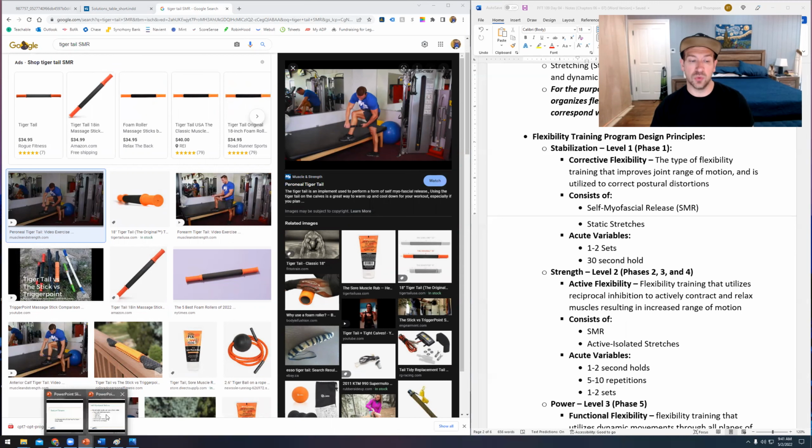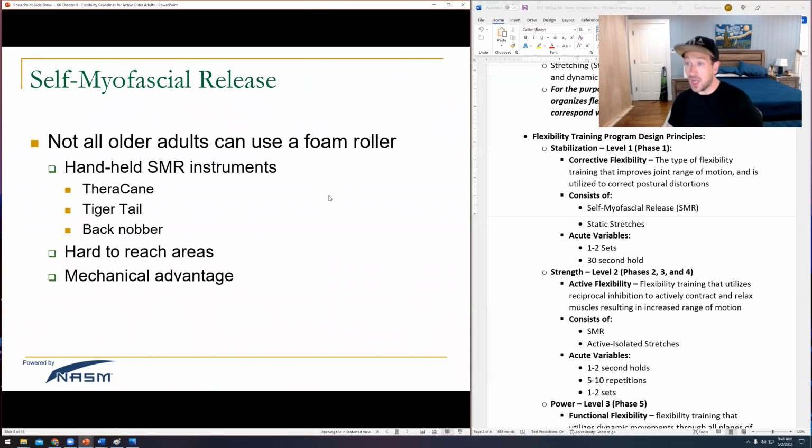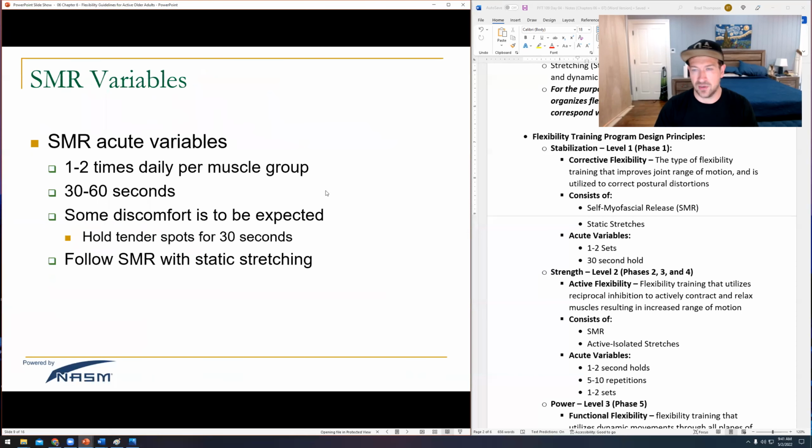There's a lot of other tools out there other than just the foam roller where you have to hold yourself up. So senior clients, yeah, maybe they'll use those instead. But the nice thing is certain myofascial release tools out there help us get into these hard to reach areas, and that's great.